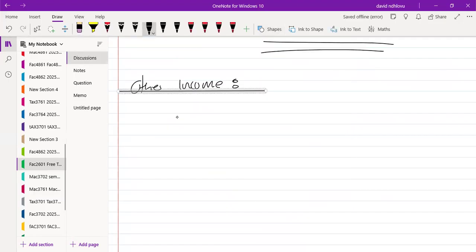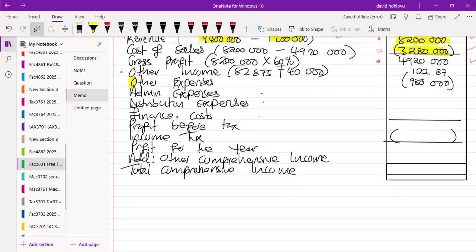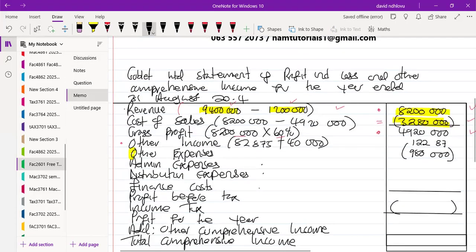Remember income is anything that increases your profit for a particular period. So income includes such things as revenue, but the revenue is accounted for separately. It's on its own there. Then any other income that you receive, which is not revenue, will go to other income.